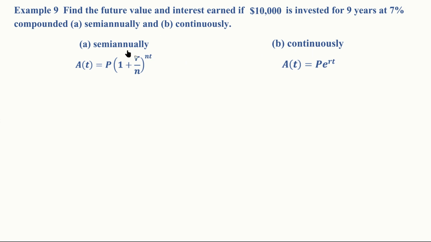Now we know that for semi-annually, that means a periodic compounding scenario, so we're going to be using this formula. And for continuous compounding, we know that we need to use this formula. So let's go ahead and use them and we'll see what we have. So obviously 10,000 here is going to be P, right?